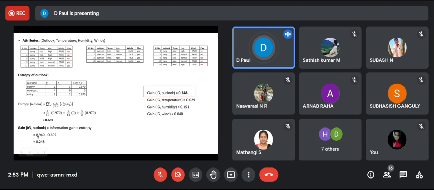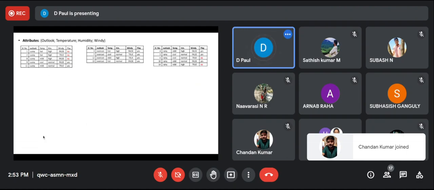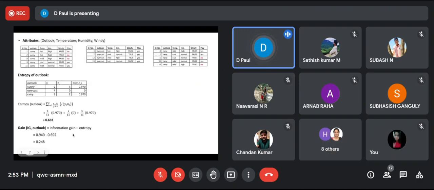Then gain is information gain minus entropy of outlook. This 0.940 is the information gain from the class. So 0.940 minus the entropy of outlook, 0.692, equals 0.248. This is the gain of outlook. In the same way, we calculate for temperature, humidity, windy.